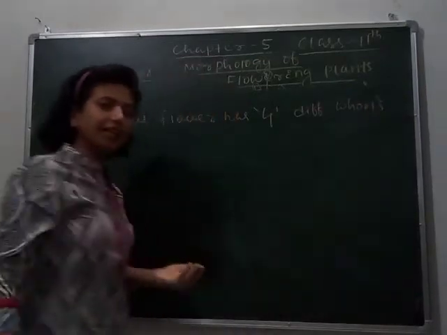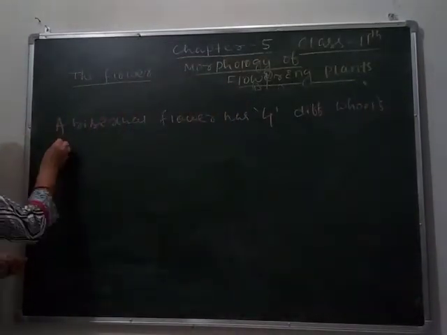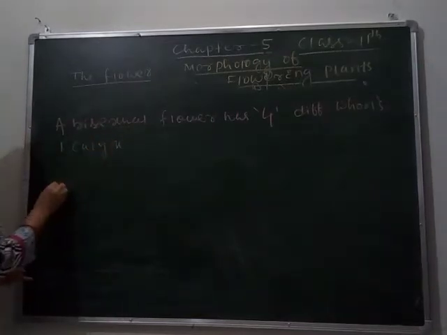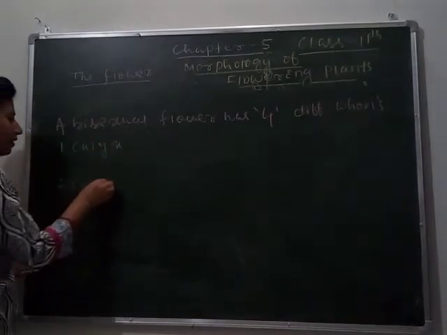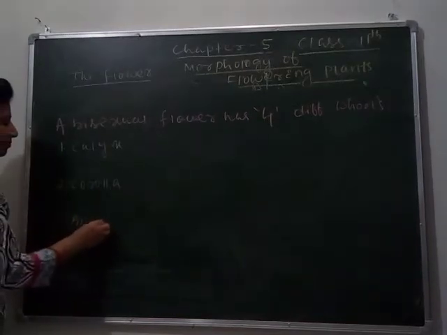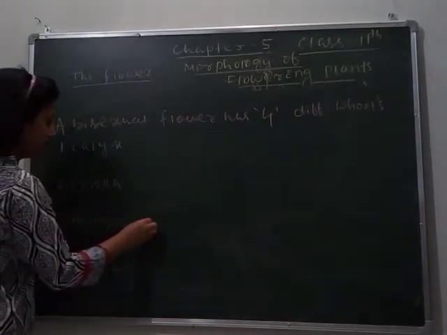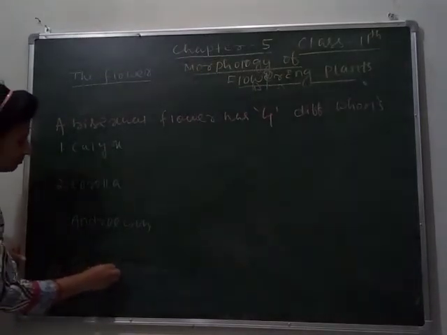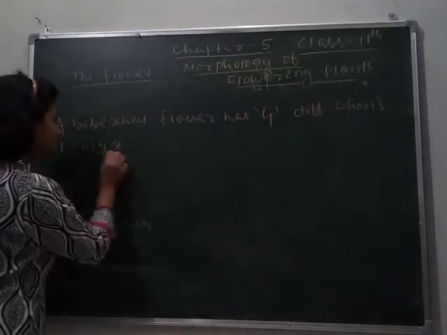So what are the whorls? The first whorl is calyx. Second whorl is corolla. Third whorl is androecium. And fourth whorl is gynoecium. So let's understand this.